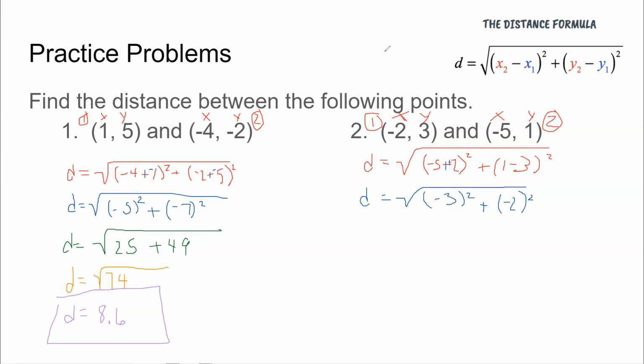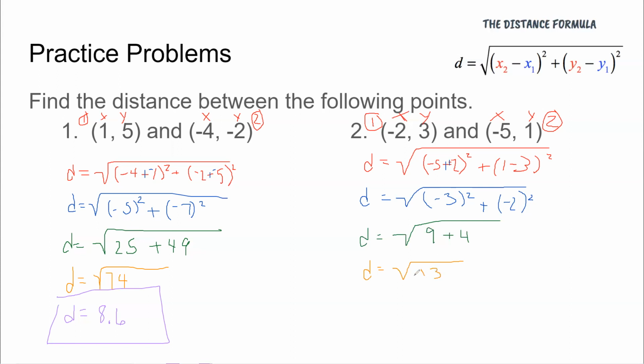Following that order of operations, I'm going to square those two parentheses. So I'm going to end up with -3 times -3 is 9, plus -2 times -2 is going to give me 4. Now I'm going to add those two numbers together. When I add the two numbers, I end up with 13, which is not going to simplify easily.